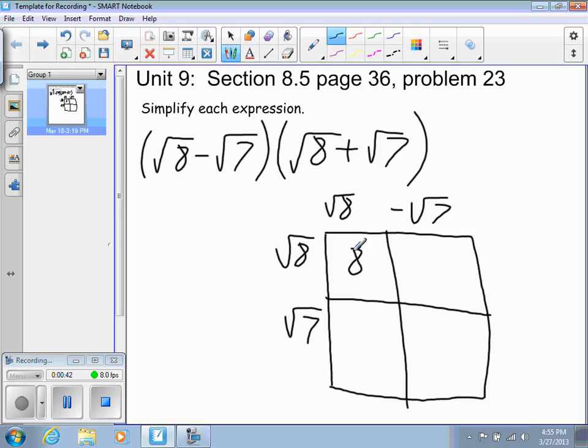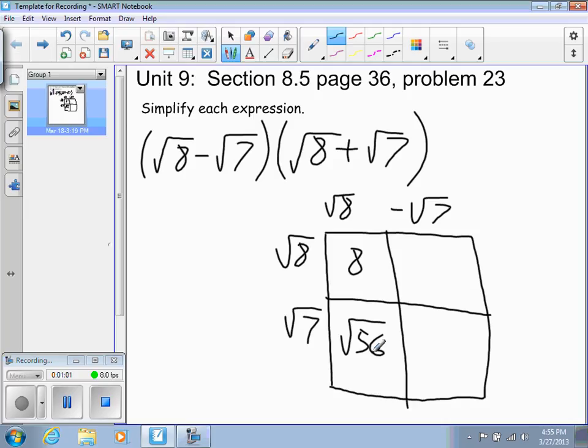Square root of 8 times the square root of 7, well, gee, what is 8 times 7? That would be the square root of 56.